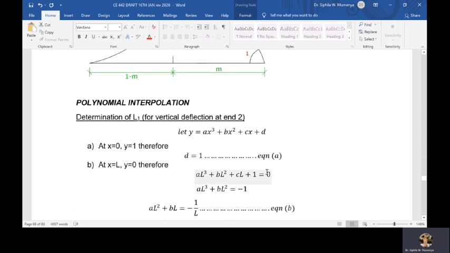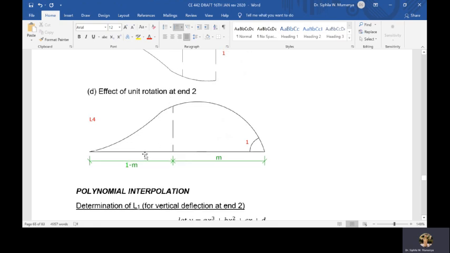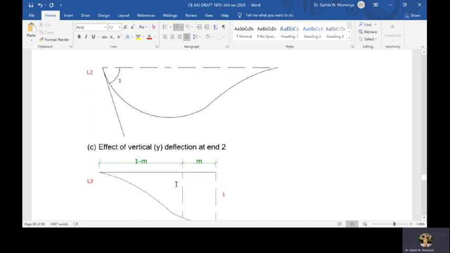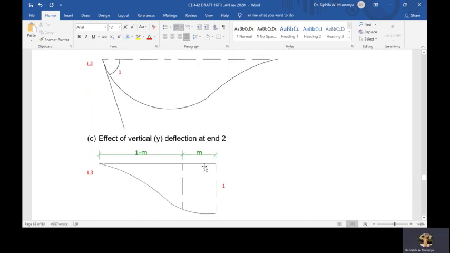And for us to determine the value, you have to do a polynomial interpolation in between. So we need to know what is the displacement at every point due to, for example, a unit rotation at end 2, and similarly what will be the displacement at any point due to a unit vertical displacement at the same point.